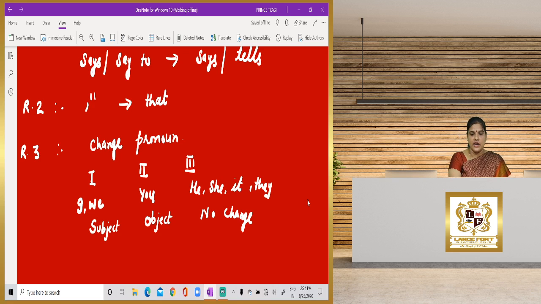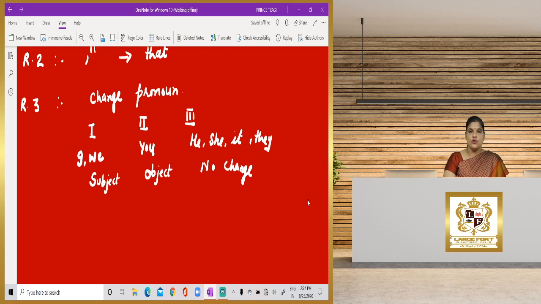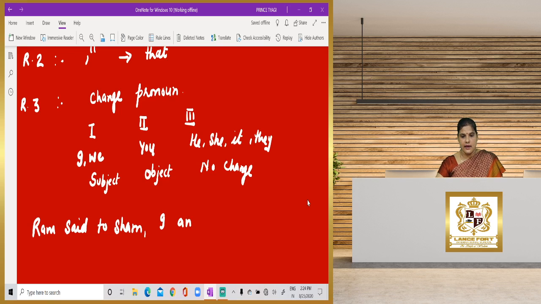S for subject, O for object, and N for no change. So I and we will be changed, and again through the example I will make it clear. Ram said to Sham, "I am not well."